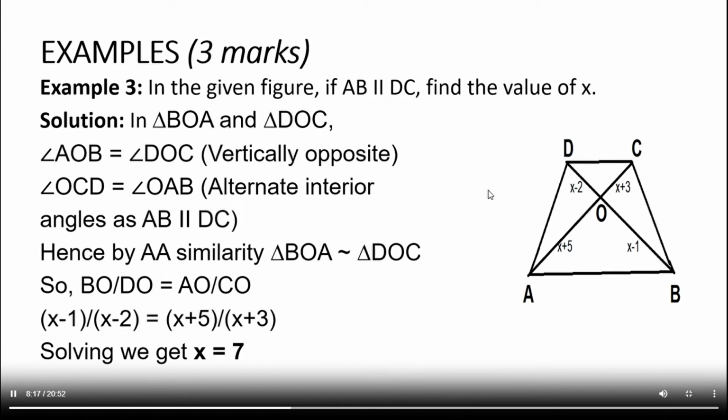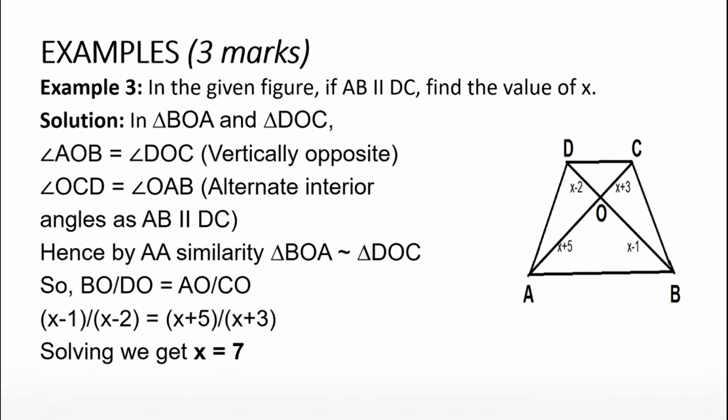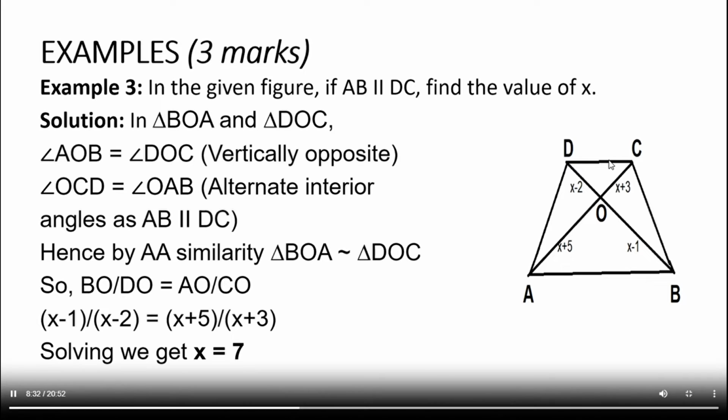Next example. Now this type of example can be asked for 3 marks. In the given figure, if AB is parallel to DC, find the value of x. Now first of all, we will establish similarity between triangle BOA and triangle DOC.